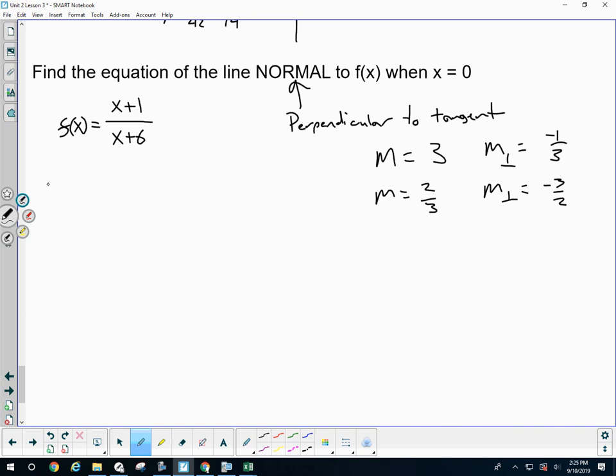Here we go. Tangent slope generator. I hope it doesn't give me 0. Let's see. Drill to the top times the bottom. Minus, drill to the bottom. Times the top. Over the bottom squared.